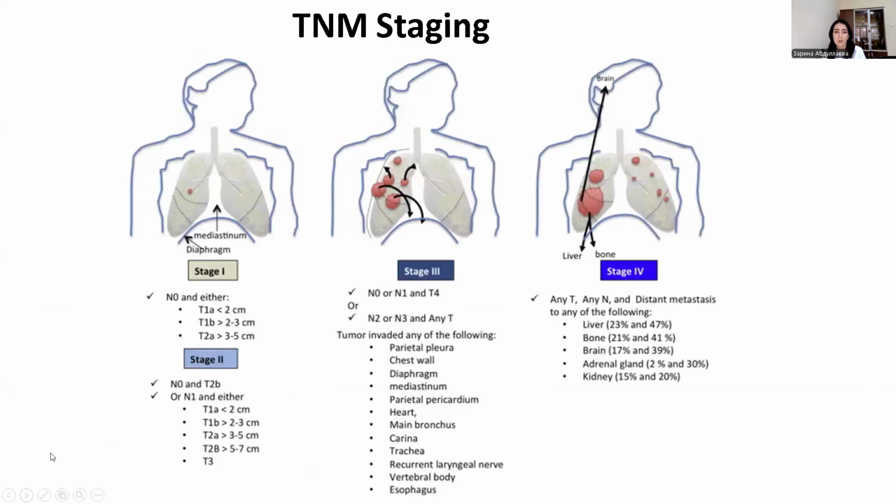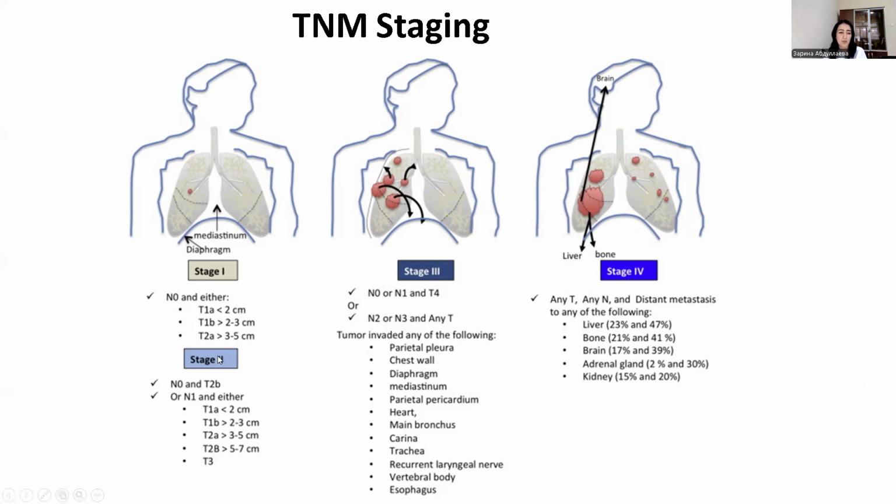So now about TNM staging. We use TNM staging to assess the patient's condition. T means tumor, the size of the tumor. N means node, so metastasis to the lymph nodes, and M is about distant metastasis. So on the first stage, we have just a local tumor without metastasis.